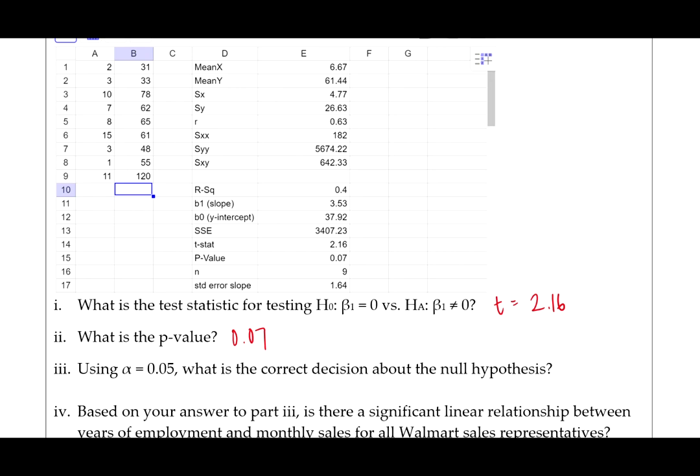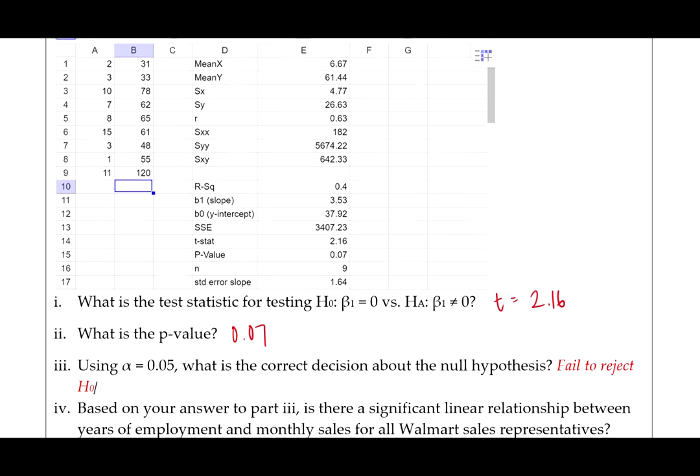Using alpha equals 0.05, what is the correct decision about the null hypothesis? 0.07 is greater than 0.05, and so therefore we would fail to reject the null hypothesis.